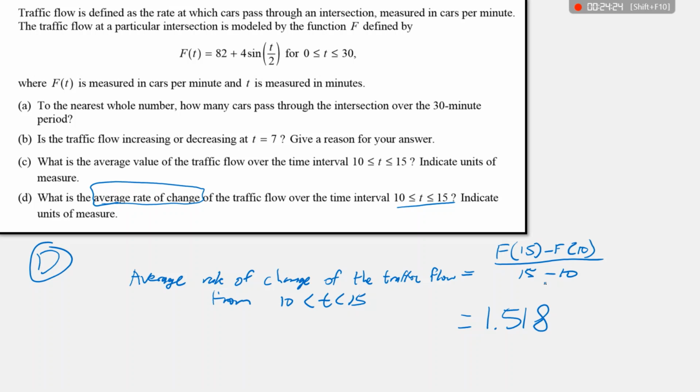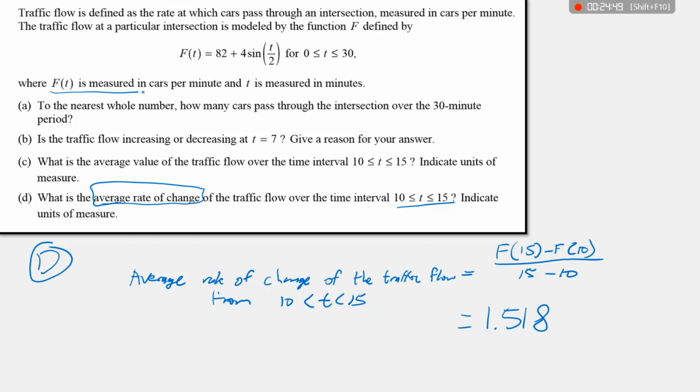And then what are my units, if this was the rate of change of traffic flow? Cars per minute. Close. Cars per minute squared.